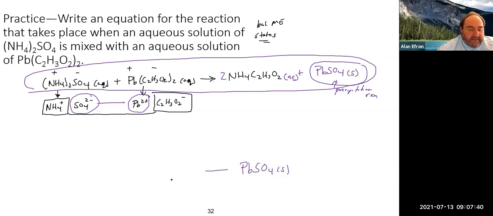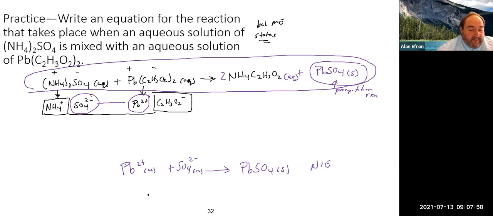The 2 basic ions that come from that are lead with a +2 charge and sulfate with a -2 charge. That would be our net ionic equation.